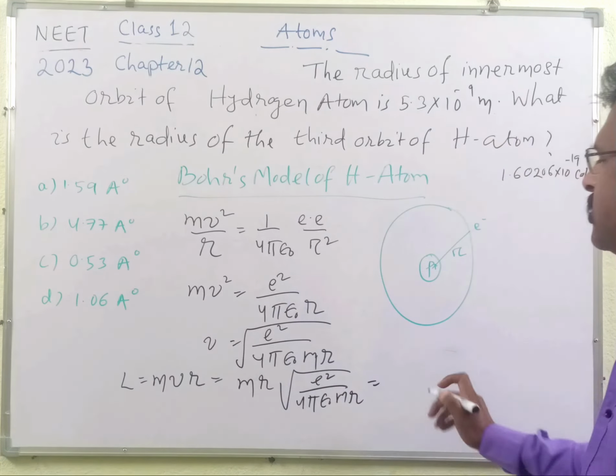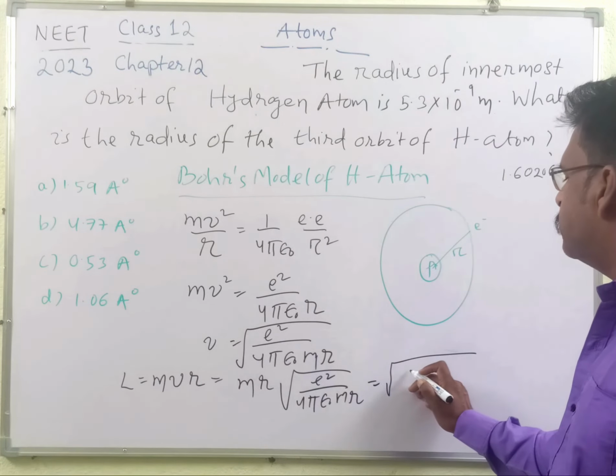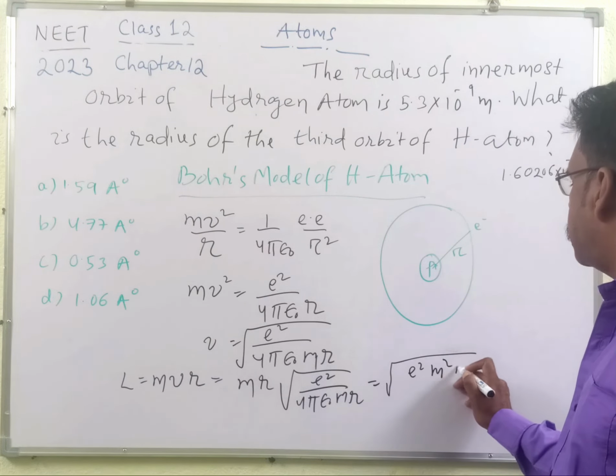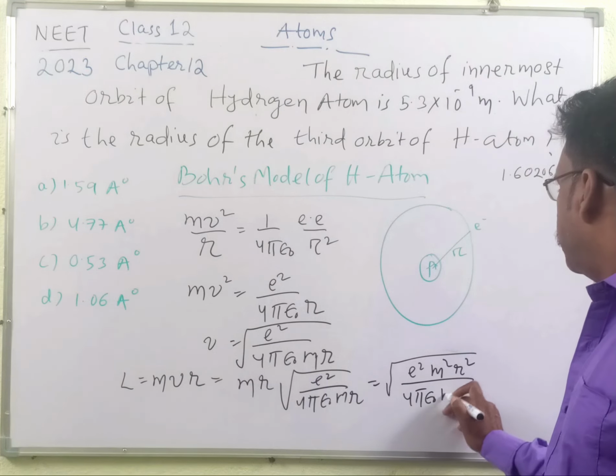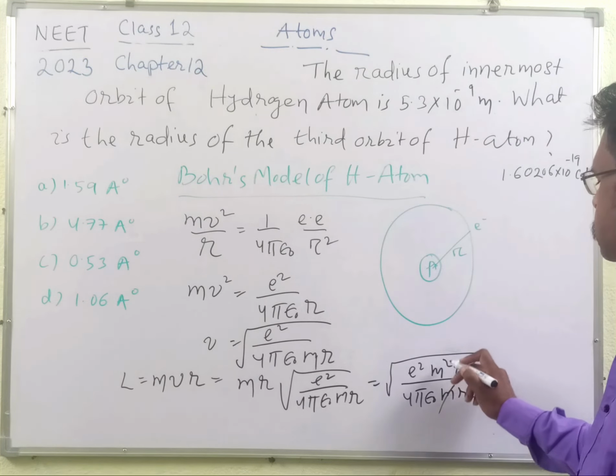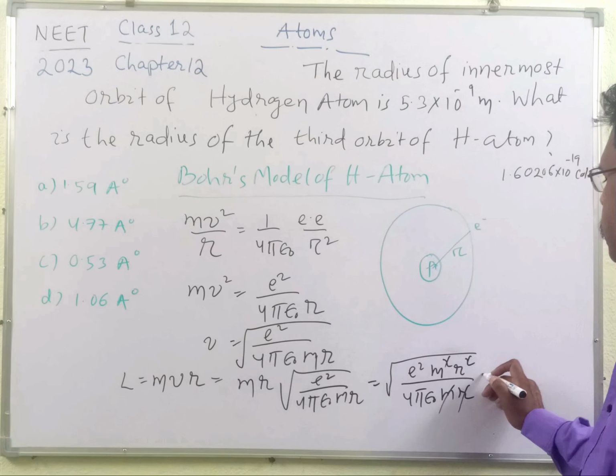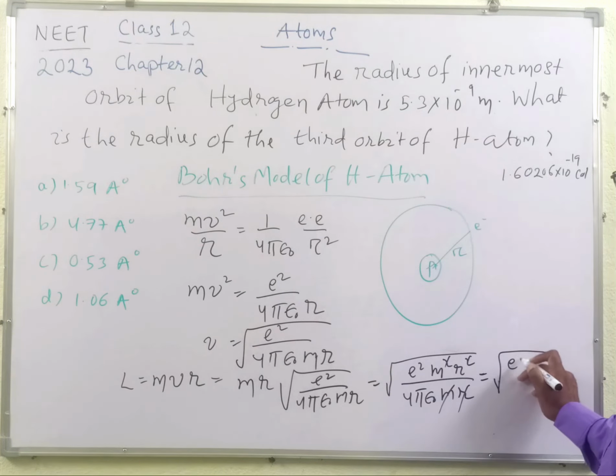We take mr inside the square root, so this becomes e square m square r square by 4 pi epsilon 0 m r. So m cancels, r cancels, and this becomes root over e square m r by 4 pi epsilon 0.